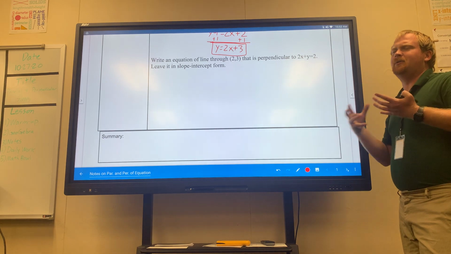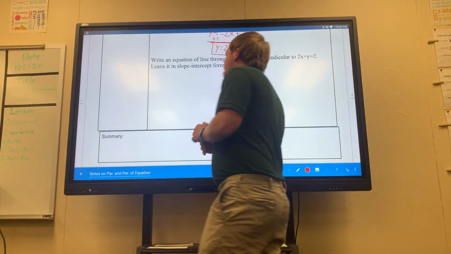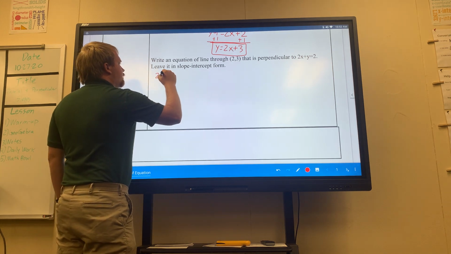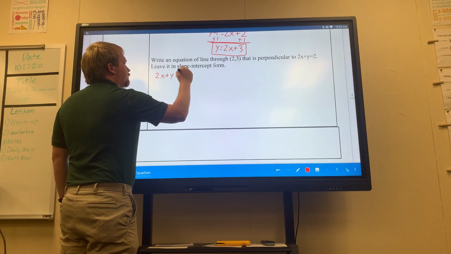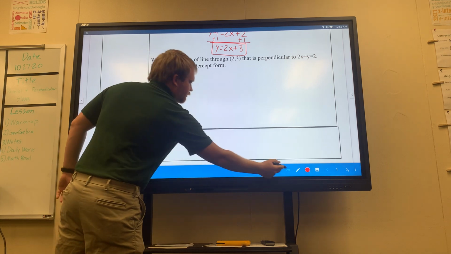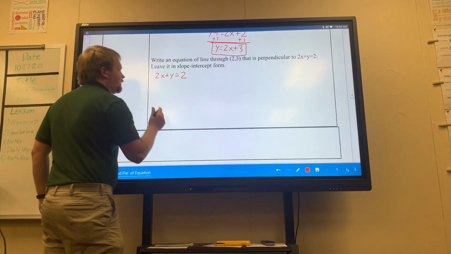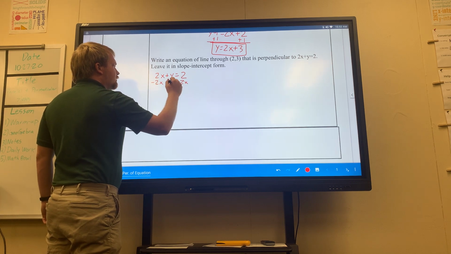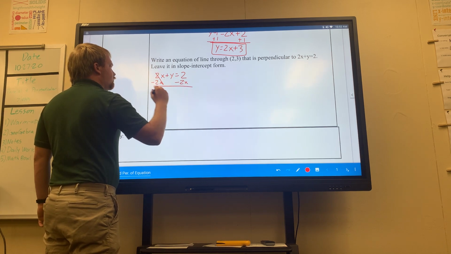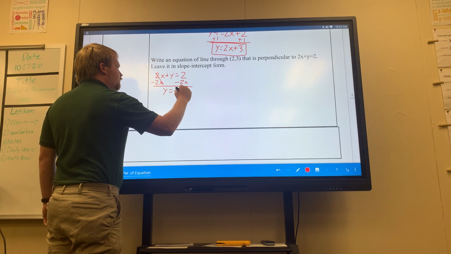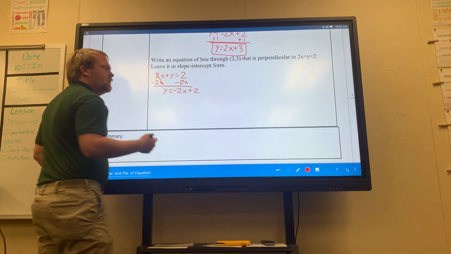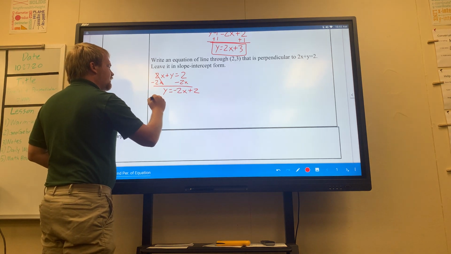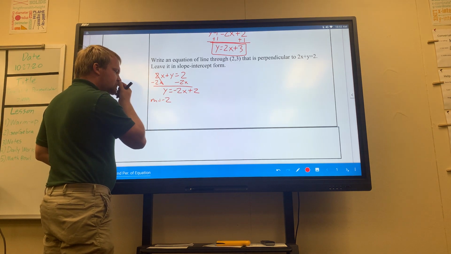But I can subtract 2x from both sides so that I get y equals negative 2x plus 2. Now it's in slope-intercept form, so the slope of this line is negative 2.